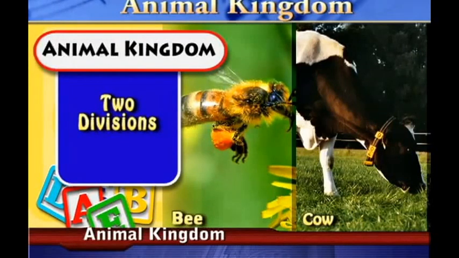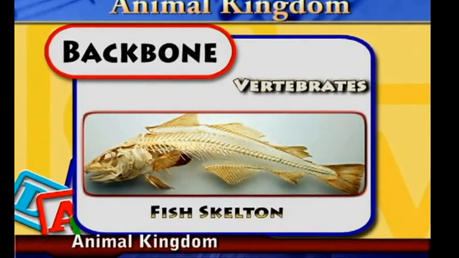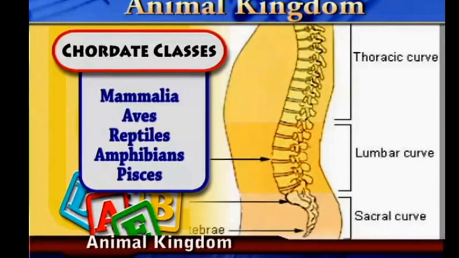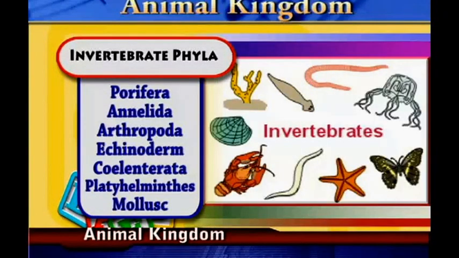We have said that the animal kingdom is grouped into two divisions: animals with vertebrates, which we refer to as chordates, and animals without vertebrates. And in terms of phyla, there are several.